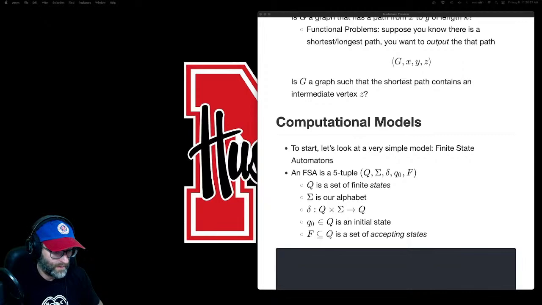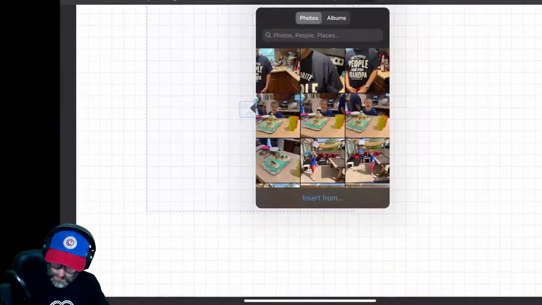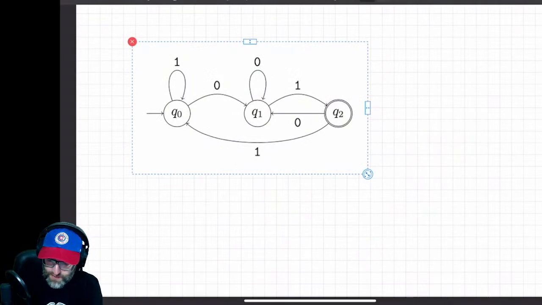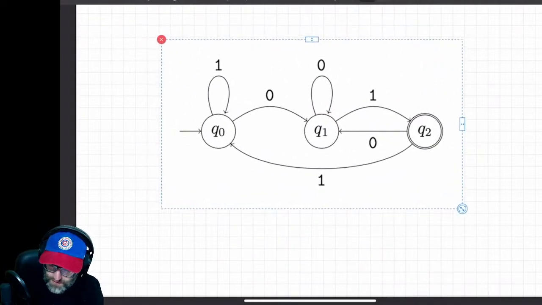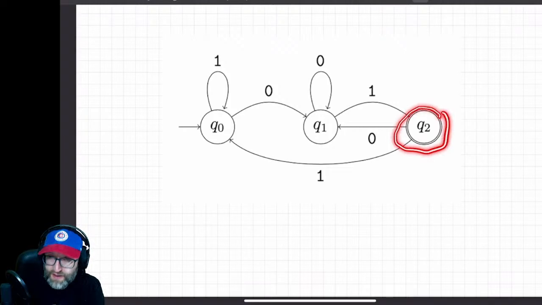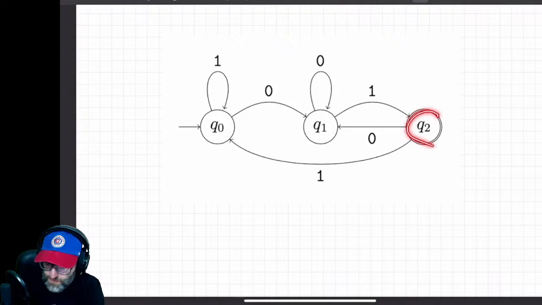So just to understand what I'm talking about here, let's visualize this. Here's a finite state automaton. You can see here that we have 1, 2, 3 states. We've specially marked this third state as an accepting state with this double outlined circle.